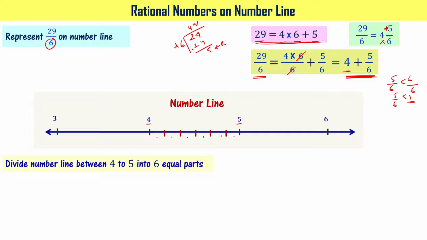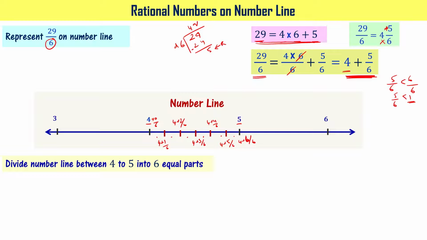Now, can I say that this particular 4 is 4 plus 0 by 6, right? In that case, it is going to be 4 plus 1 by 6. It is going to be 4 plus 2 by 6. It is going to be 4 plus 3 by 6. This is 4 plus 4 by 6. This is 4 plus 5 by 6. This is 4 plus 6 by 6, right?